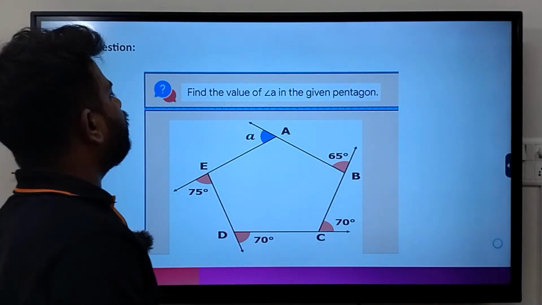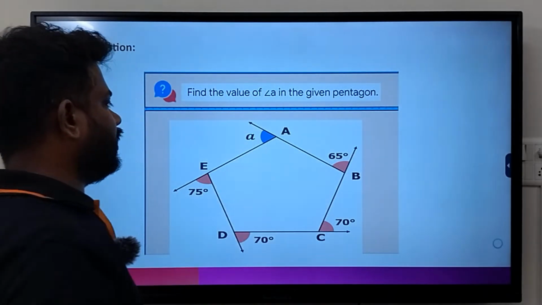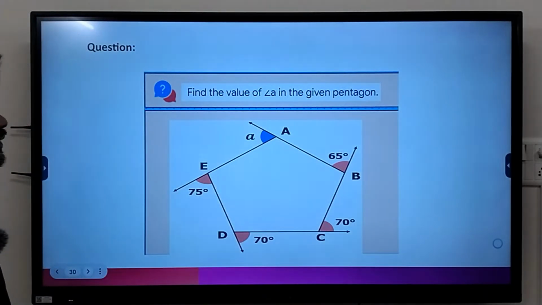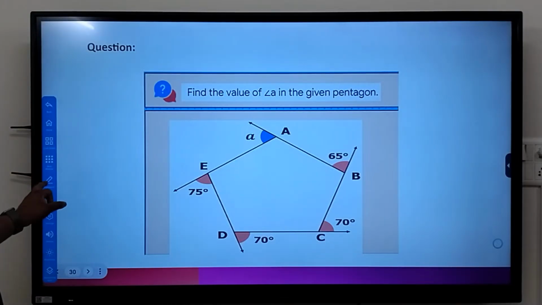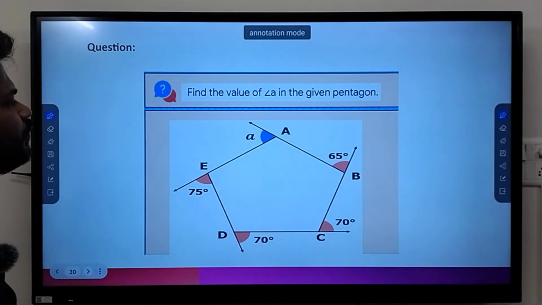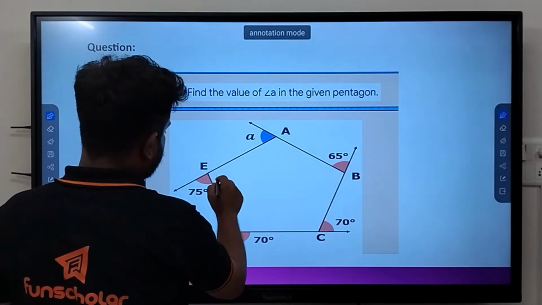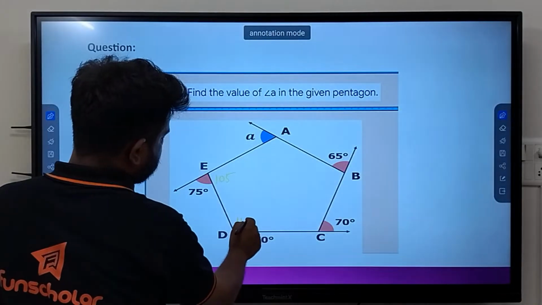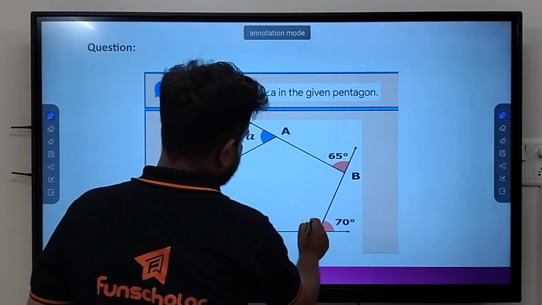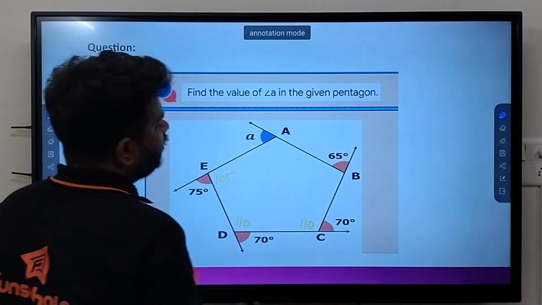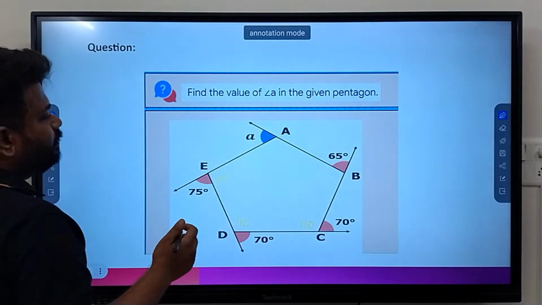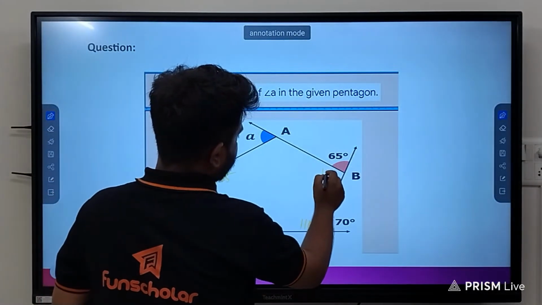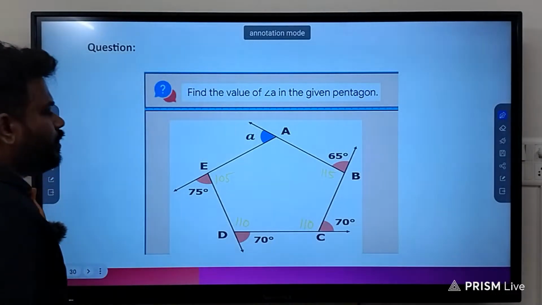Find the value of A in the given pentagon. This one is quite easy. Try to do it. You have to just find the value of this one. This one will be 105, this one will be 110, this one also 110, and this one will be 65, 30, 15, 115 maybe, 115.